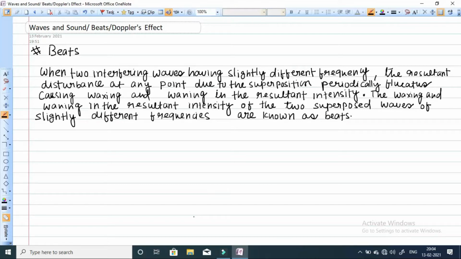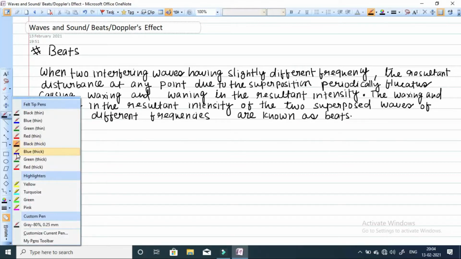Now we will see the mathematical equation. These are the equations of two waves. Suppose we have two sources here.